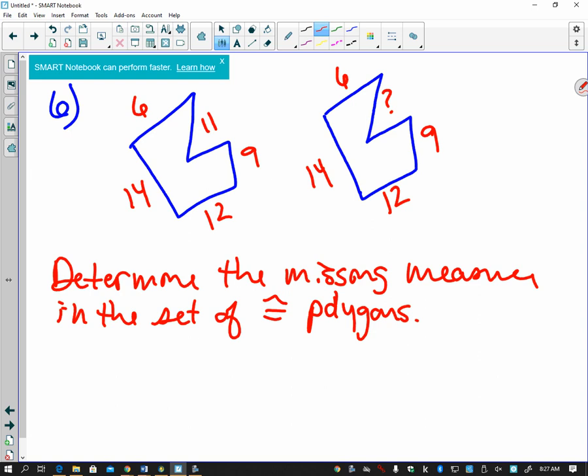What's the missing measure? 11. Right? And they're going to have units next to it. So let's say for a second that this is inches. We would say 11 inches is our answer. There's no real work to show for it. So if you got the right answer, you're just going to write that in a box. That should be a freebie.